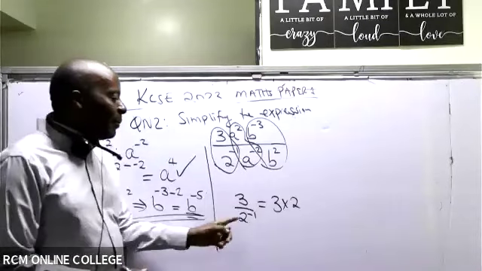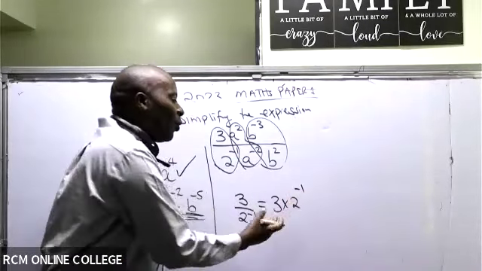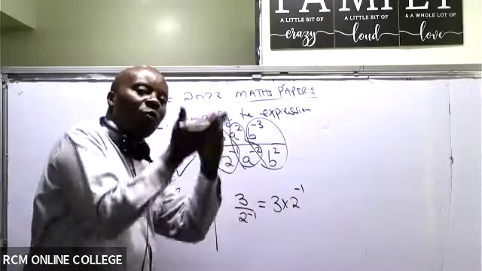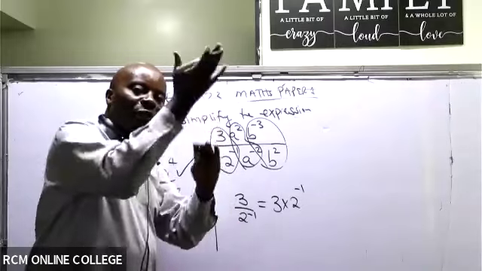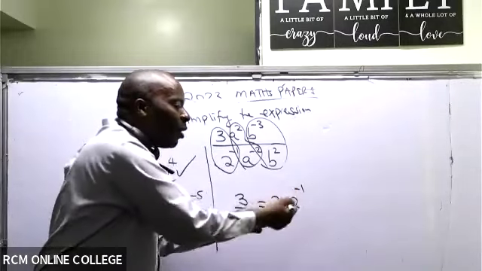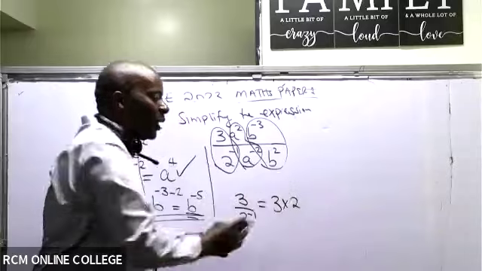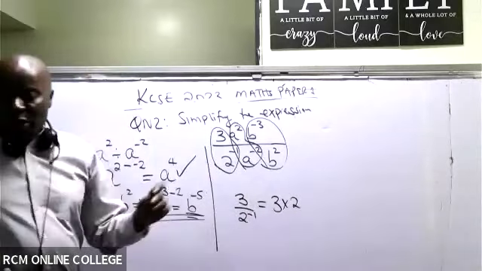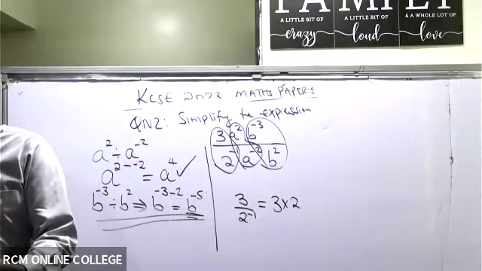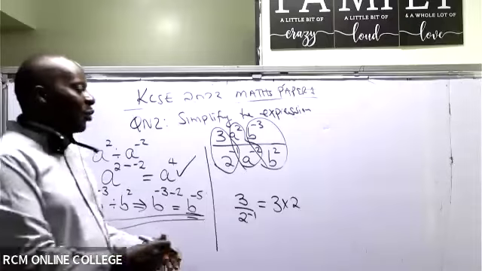Why is that the case? Down there it had bar 1. When I'm bringing it to make it part of the numerator, I introduce another bar 1, which will kill that. So 3 times 2 gives me what figure, somebody? 3 times 2 gives me 6.